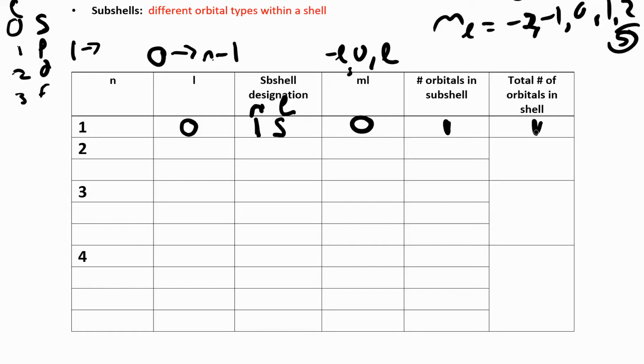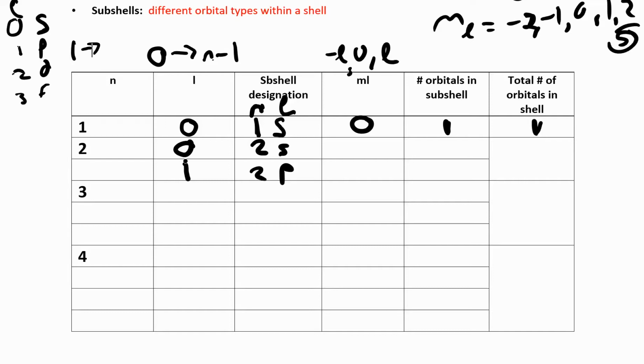So if n equals 2, L could be 0. It could be 1, because if n is 2, then 2 minus 1 is 1. Which means I have a 2s orbital, and I have a 2p orbital. So remember, if L is 0, I have an s orbital. If L is 1, I have a p orbital.